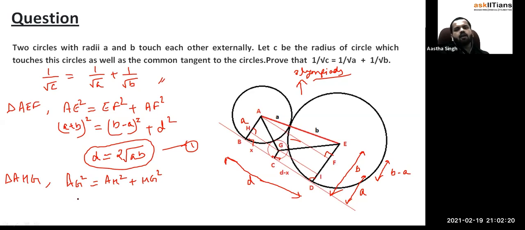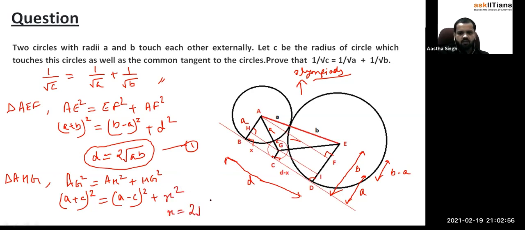AG is basically the distance of your centers, so it is basically your A plus C whole square, right? And what is AH? AH is basically your A minus C whole square. And what is XG square? XG is basically your X square. So you will also get your value of X as 2 under root of AC.